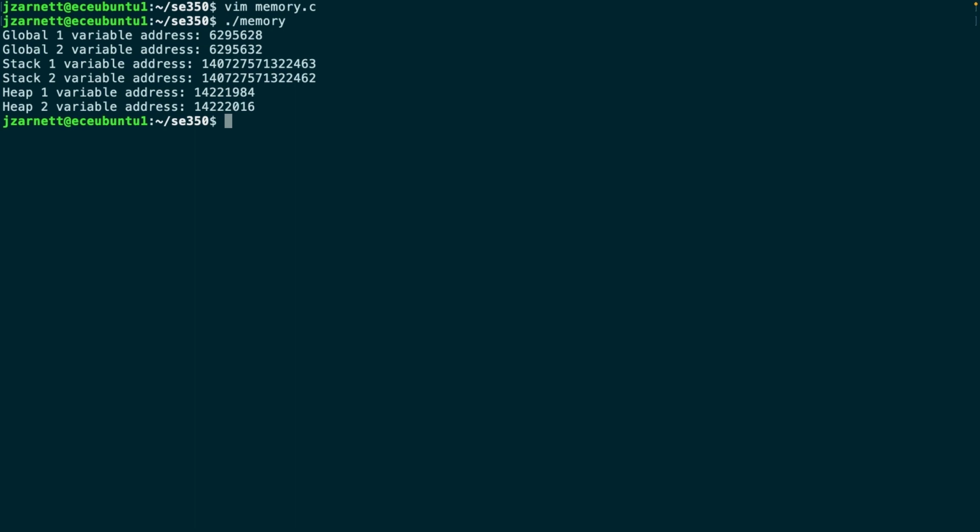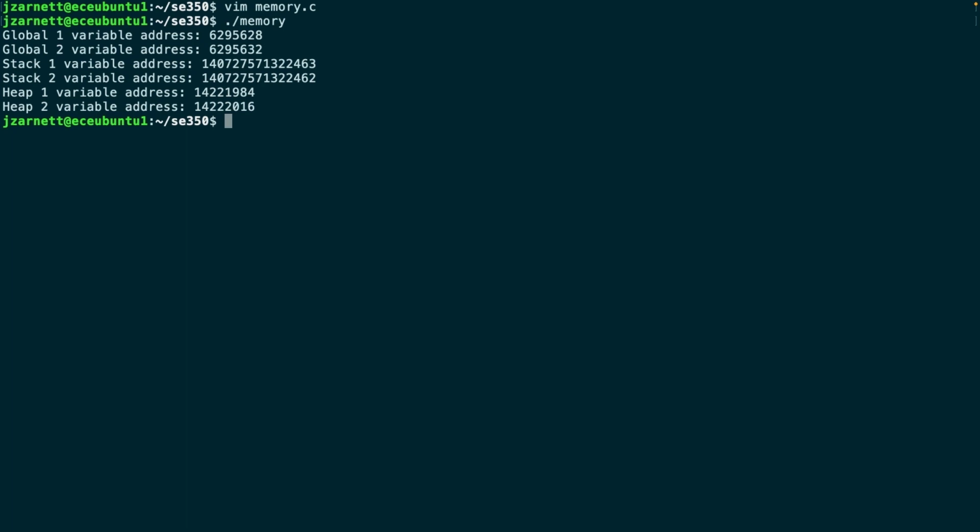And we'll see global variables are located in one segment. The stack variables, they're located at actually quite a large number, and the heap variables are located nearby to each other in a different segment of memory, but not next to each other, right? We'll notice that, like with the global variables, there's 4 bytes between the two of them.